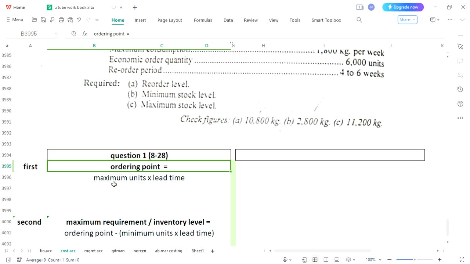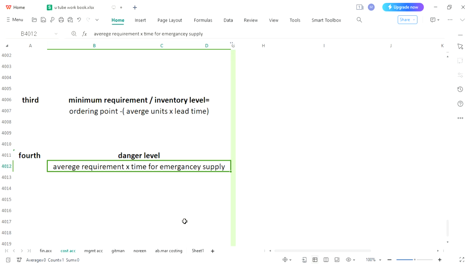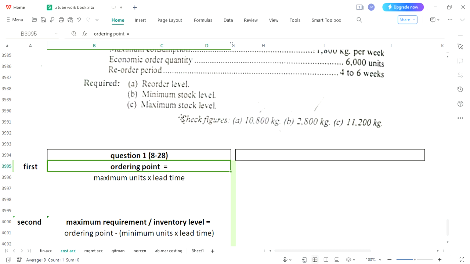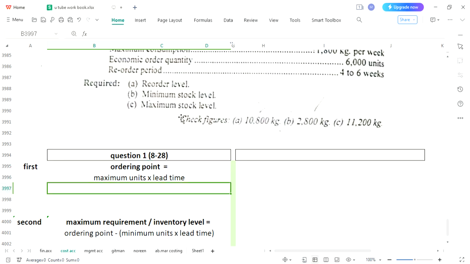If we are using maximum units, the lead time would be different. If we are using the minimum number of units needed, the lead time would be different. And when we are talking about average requirement, the lead time would be different. So we will follow the inputs of the question, and please keep in mind: for maximum a different time, for minimum a different time.